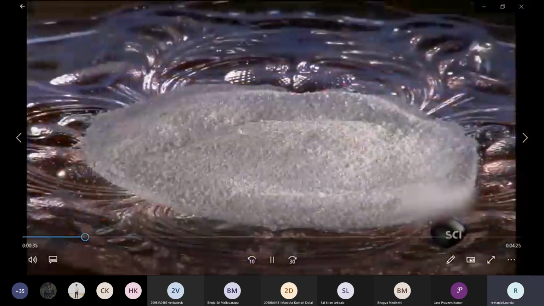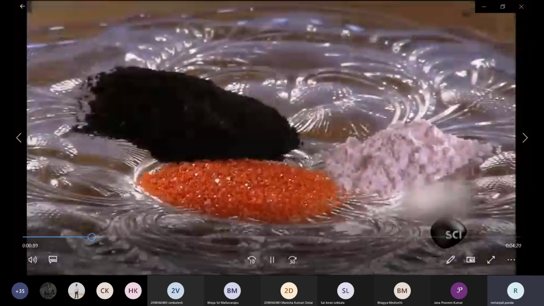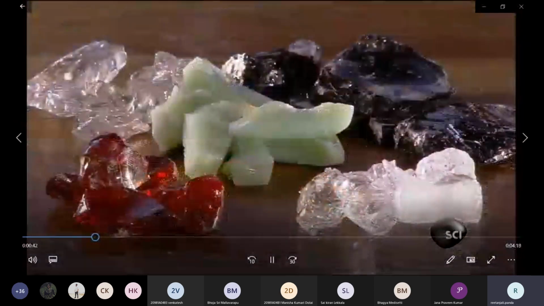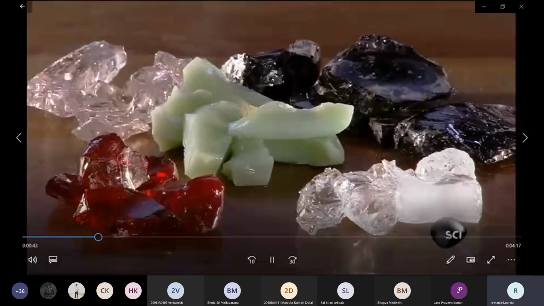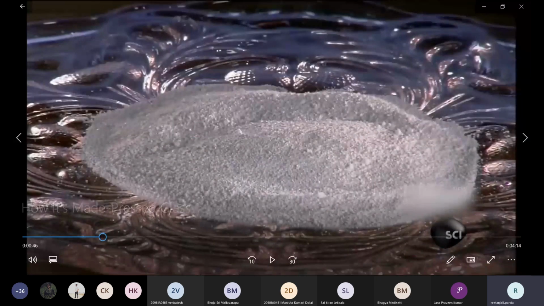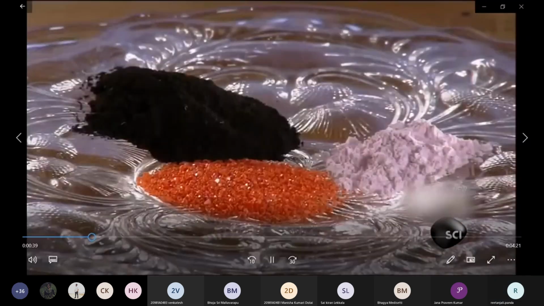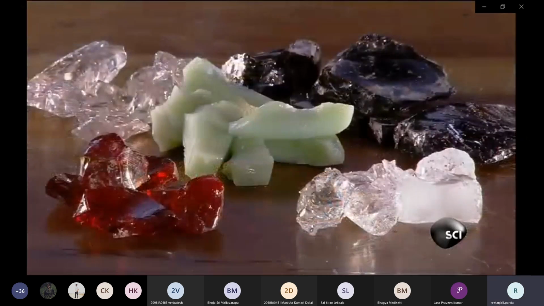Sodium nitrate, this one, silica sand, this one, and these are colors we are using. These are all those glasses which we are not using anymore. Those are the last ingredient what you saw. These are the colors, and these are the waste glass.